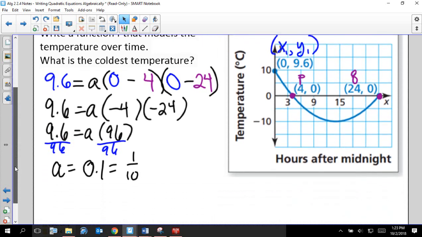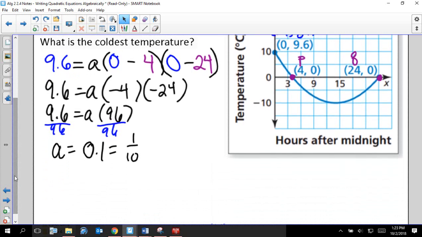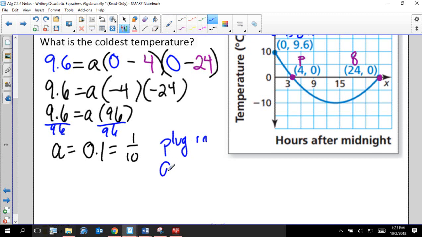The reason why I'm choosing 0.1 instead of 1/10 here is because the 9.6 was written as a decimal. So I'm going to write this one as a decimal, just kind of keep it the same form. So our final answer, you're going to plug in your a and the x-intercepts.